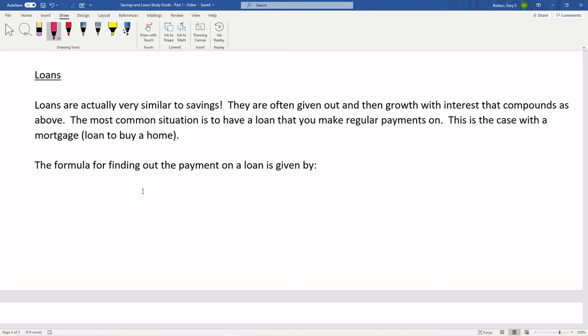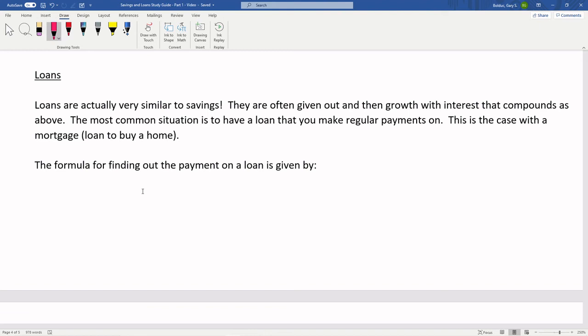Now, we could do this a couple different ways. We could have a loan, take out some money, never pay anything until sometime in the future, and then just pay off the whole thing at once. That's possible, and we can calculate that very similarly to the compound interest that we did right at the beginning. The most common situation, though, is to make regular payments on the loan.